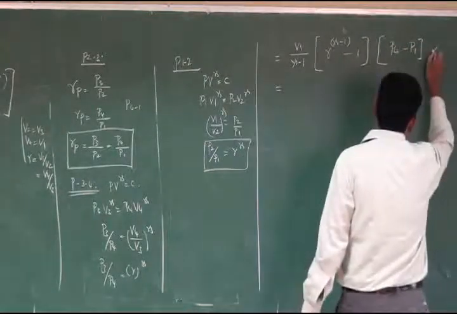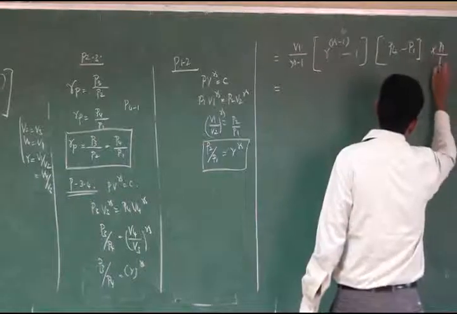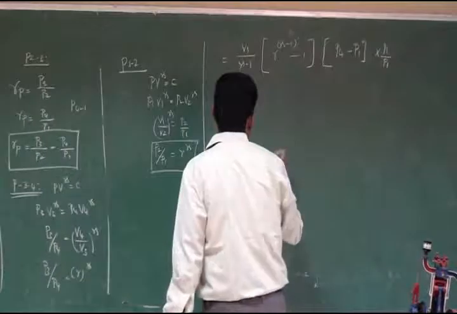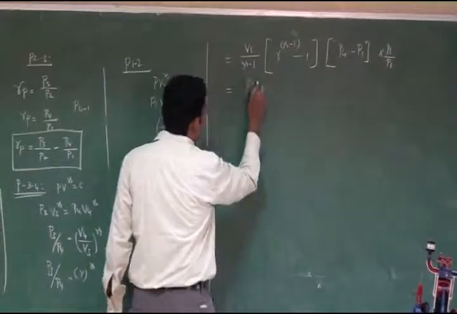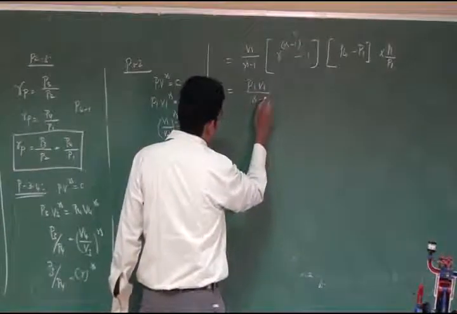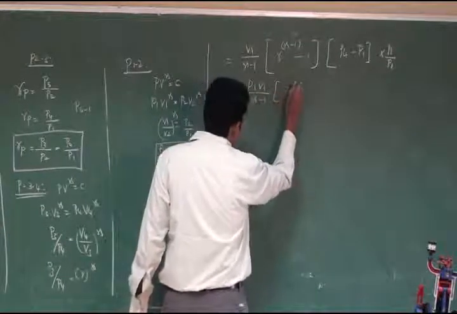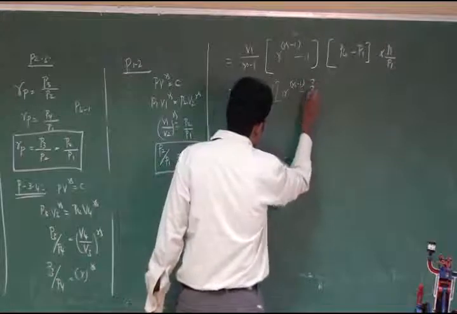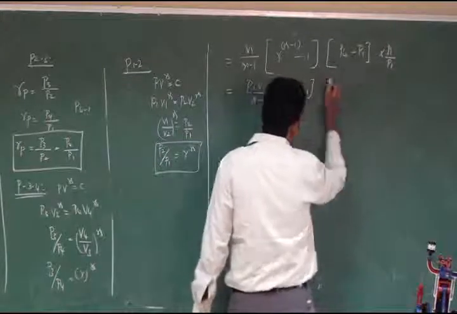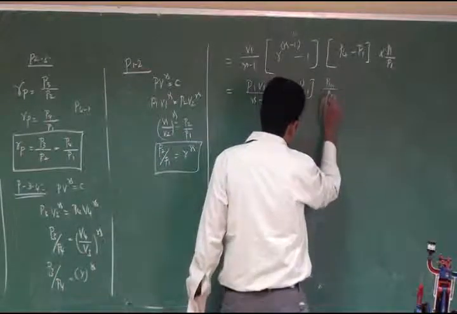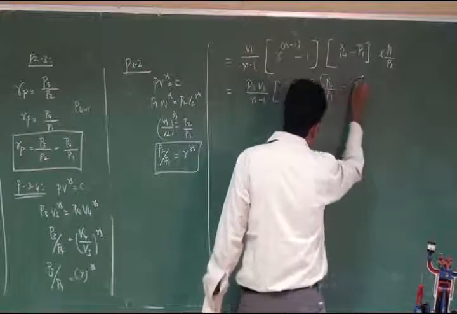This equation can be multiplied and divided by the term P1. What will happen? It can be rewritten as P1 V1 by gamma minus 1 into R power gamma minus 1 minus 1. Here we are introducing a P1 term, P4 by P1 minus 1.